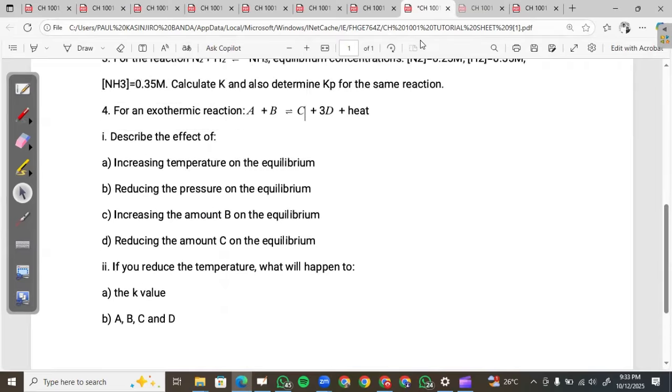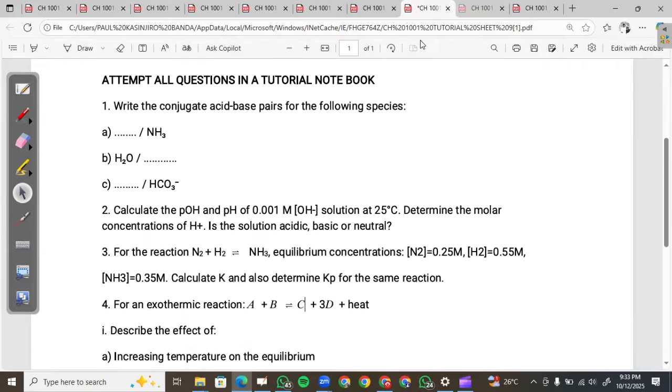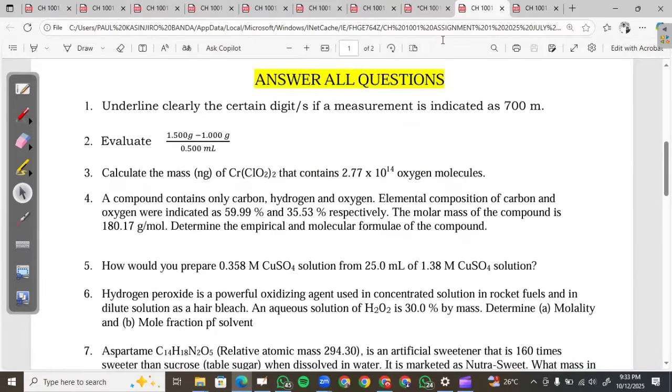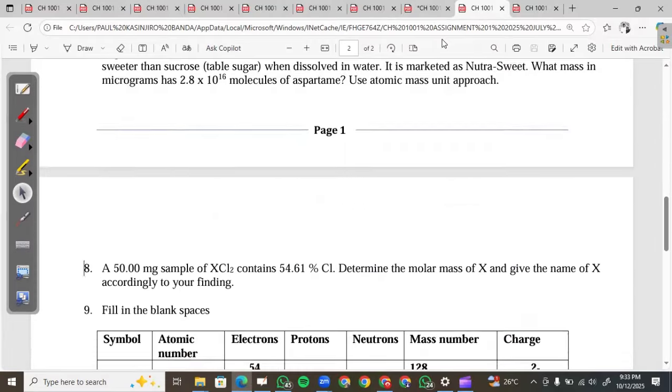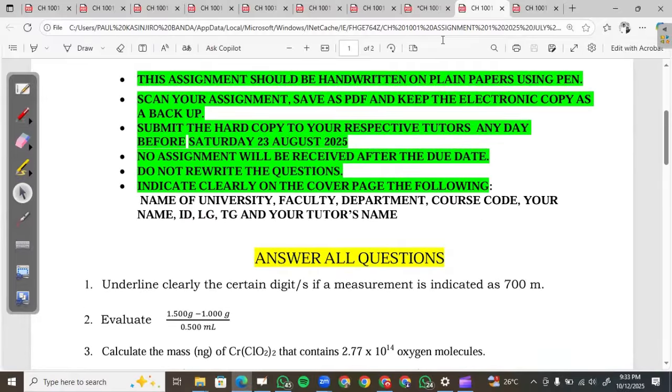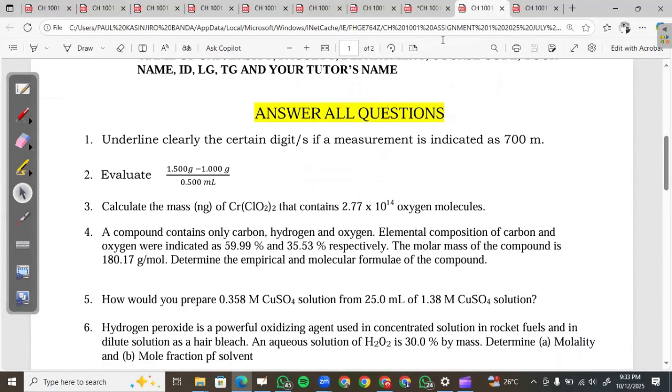Again, we've solved all the questions here, so you can access them and learn at your own pace. I explained all the concepts that are here. Even the video for tutorial sheet 1, as well as the full written solutions, are there on the website. All these questions here, the solutions are there on the website. So feel free to register on our website. You'll be able to access all these.